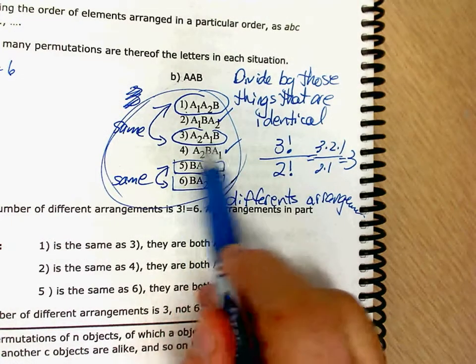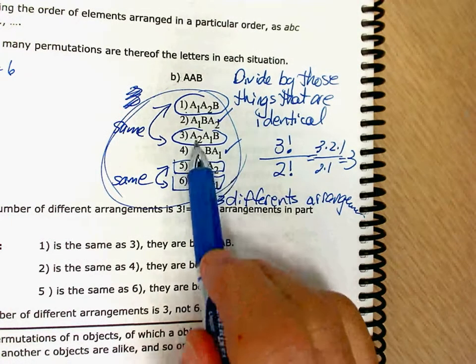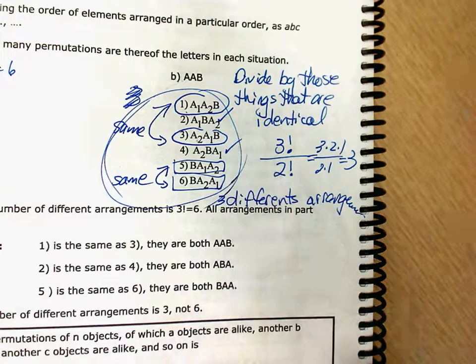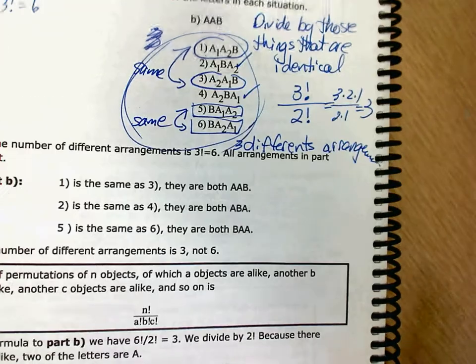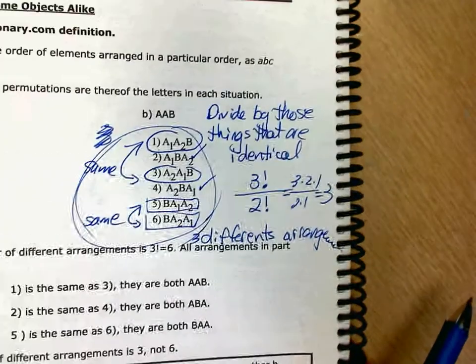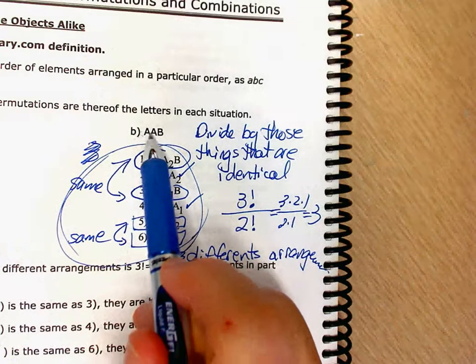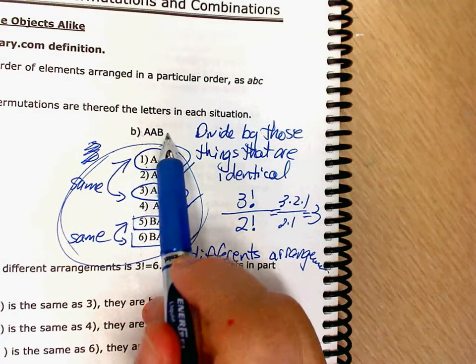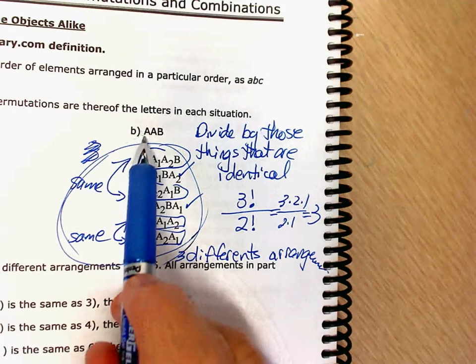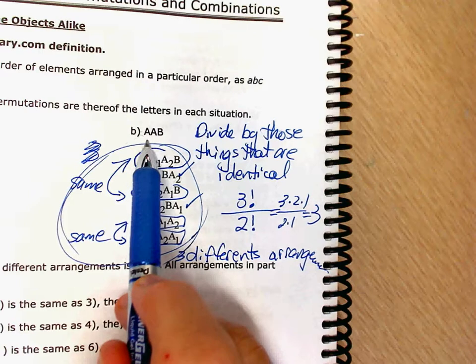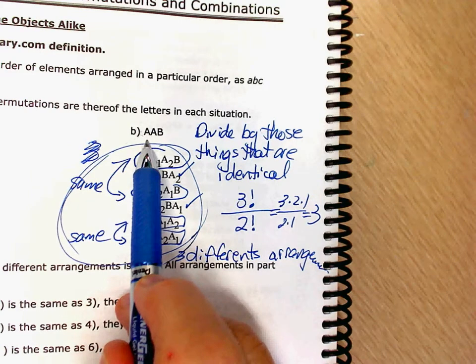We only want to count that once because we want different ones. Okay, there's 3. We're arranging 3 things, AAB, and then we're dividing by 2 things that are identical.